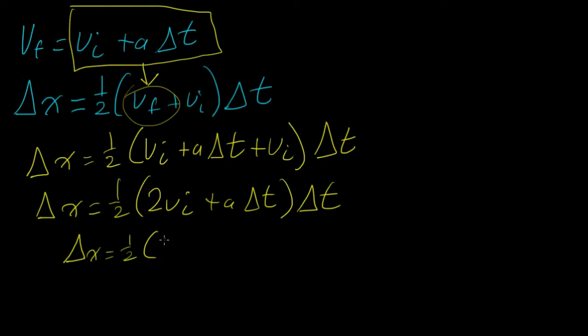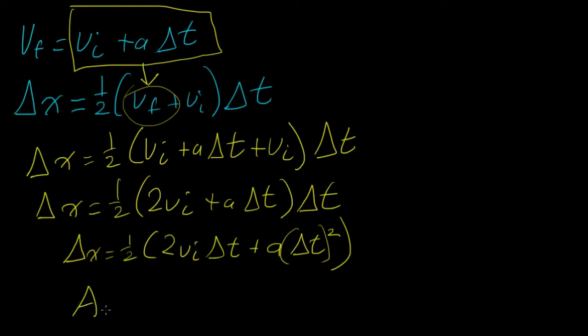Distributing the delta t gives us 2Vi delta t plus a delta t times delta t, so plus a delta t squared. Close parentheses. Now we have to distribute the 1/2.